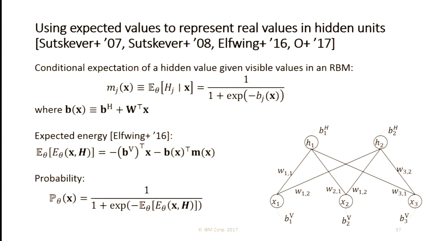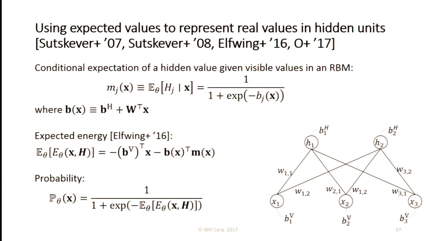One model that we see in the next parts, part 3 and part 4, is this: we use expected values to represent the real values in hidden units. Instead of taking the marginalization over hidden values, which is often intractable, some papers use expected values for hidden units. So a hidden unit is sort of a deterministic unit and takes some real value between 0 and 1 instead of binary values.